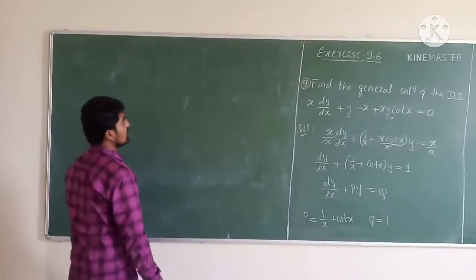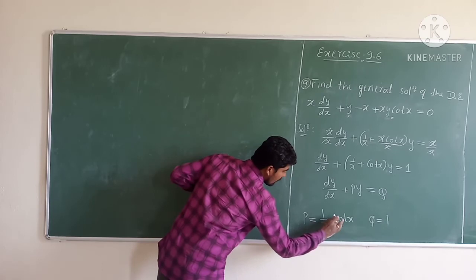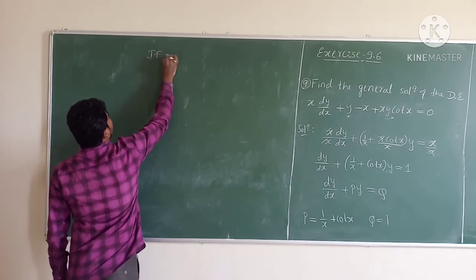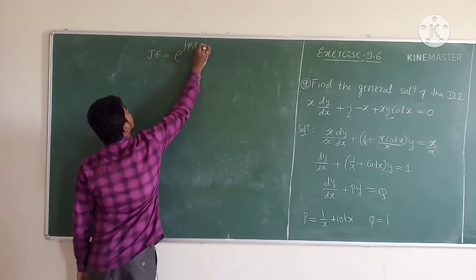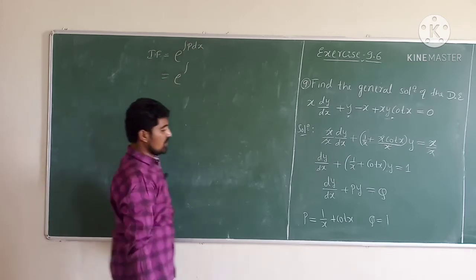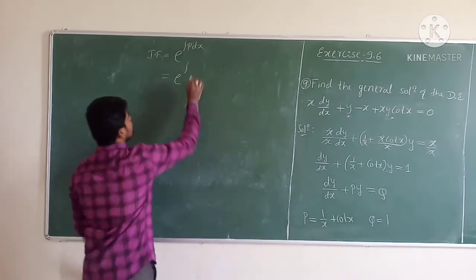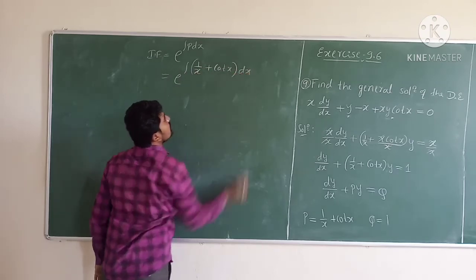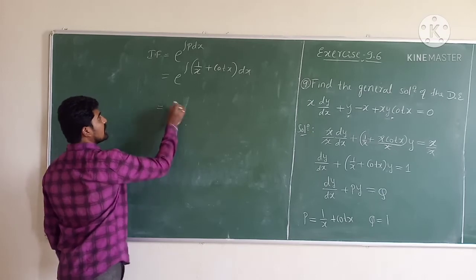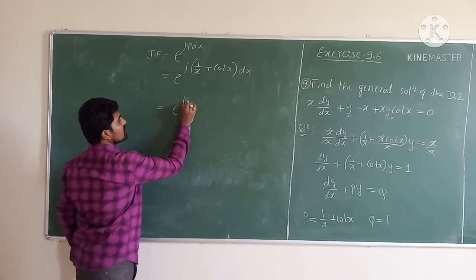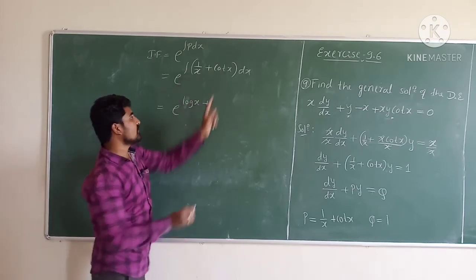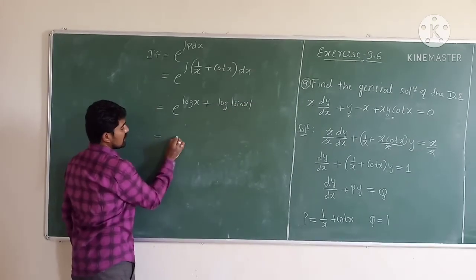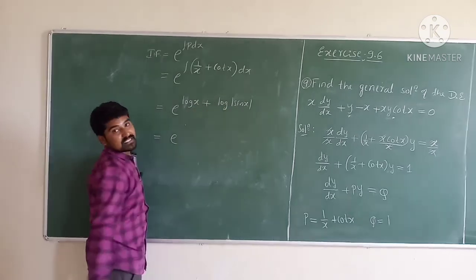Next thing is integrating factor. So now integrating factor is equal to e power integration of p dx, which is equal to e power integration of, the value of p is 1 by x plus cot x, with respect to x, which is equal to e power integration of 1 by x dx is log x plus integration of cot x is log of sin x, which is equal to e power log m plus log n is equal to log mn.